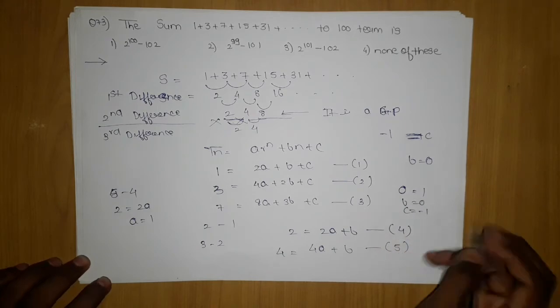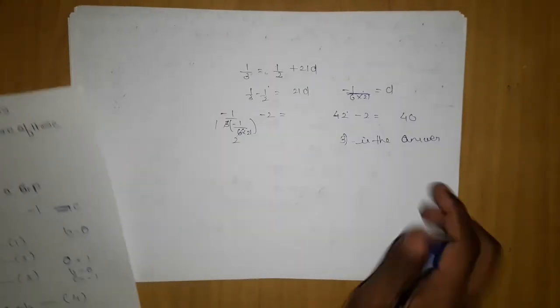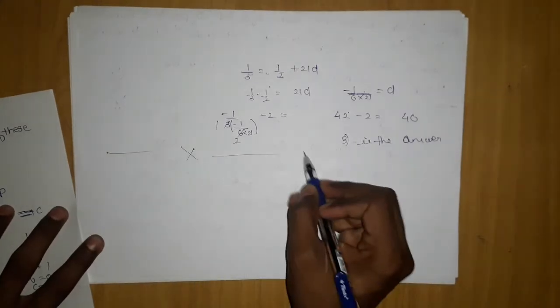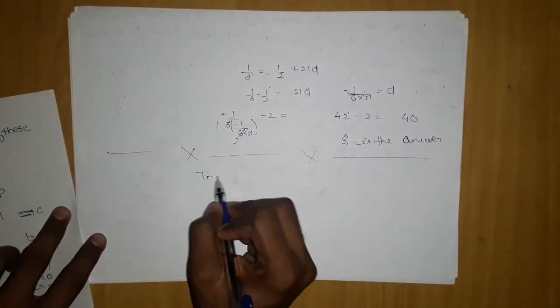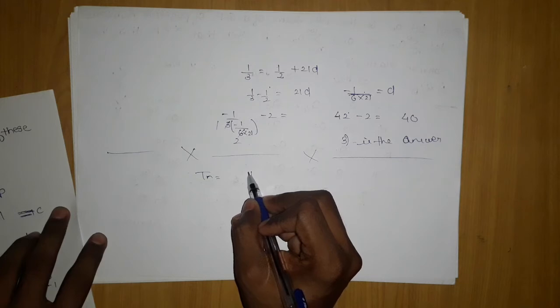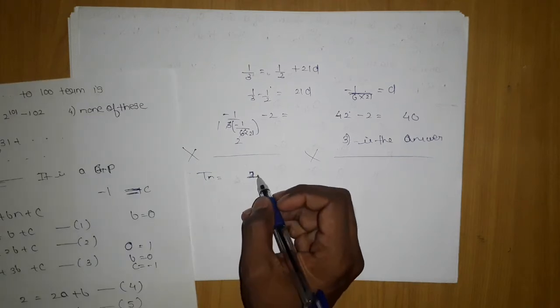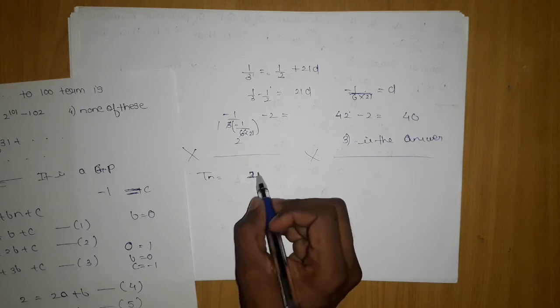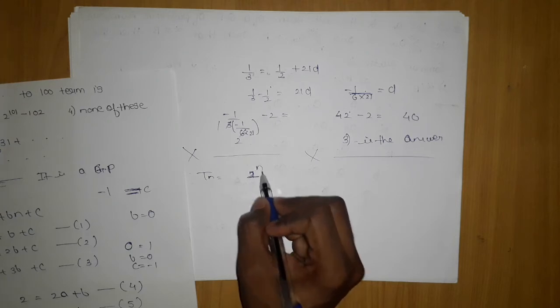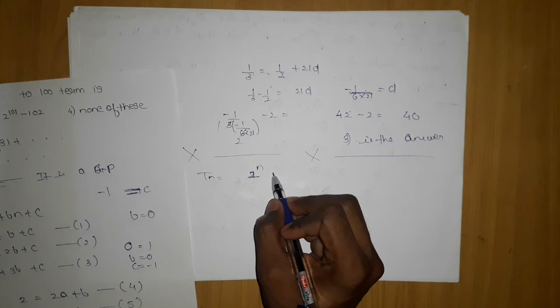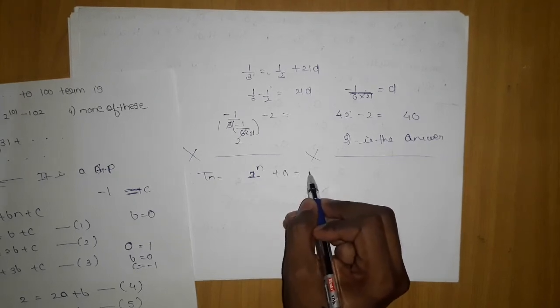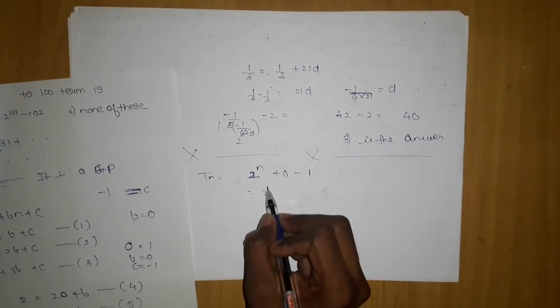Can I get my Tn? We will solve it here. Tn is nothing but a is 1, 2 power n, b is 0, c is minus 1. So Tn is 2 power n minus 1.